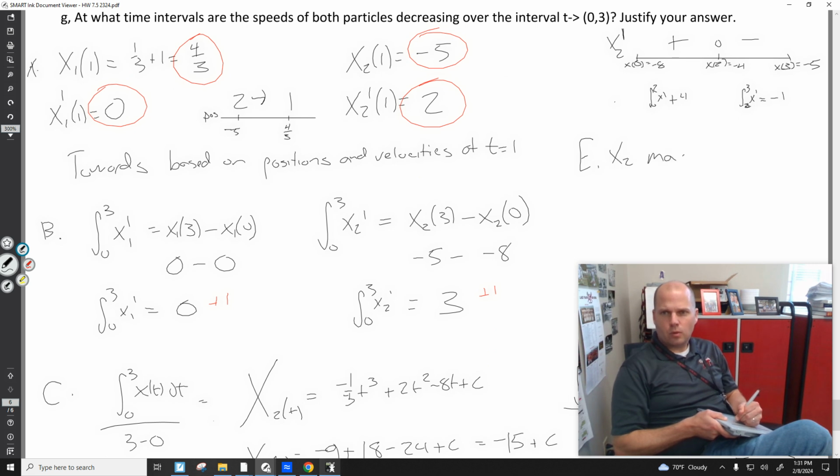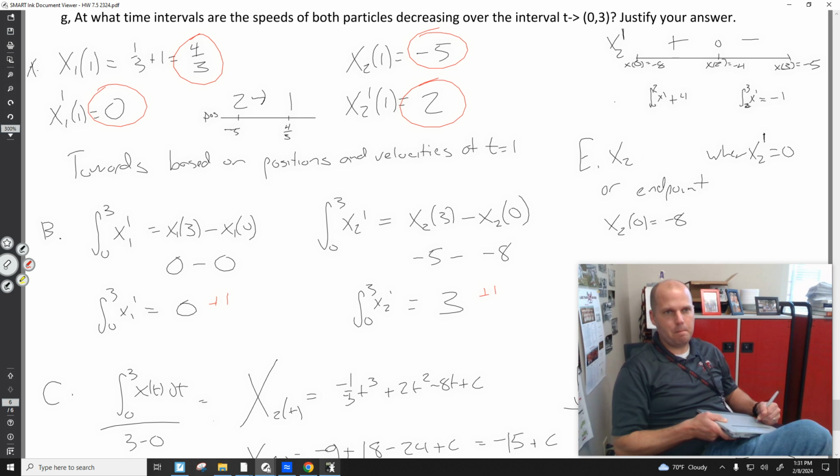X2 will have a max when x2 prime equals 0 or an endpoint. X2 of 0 is negative 8. Sorry, we're not talking about a max. We're talking about a min furthest left. X2 of 2 is negative 4.